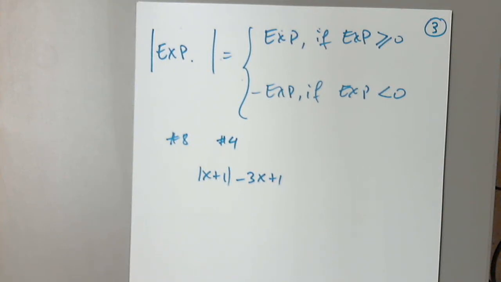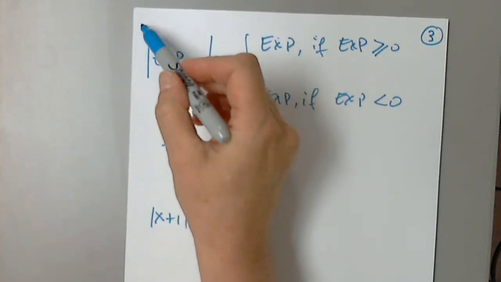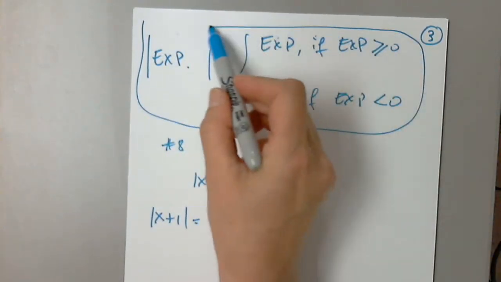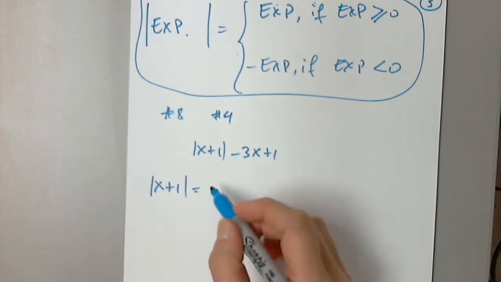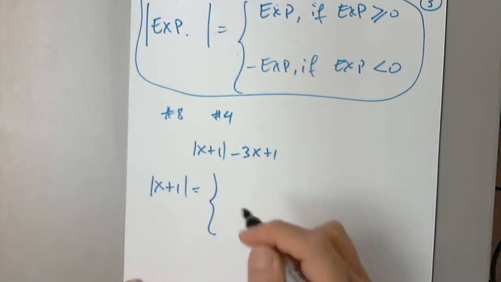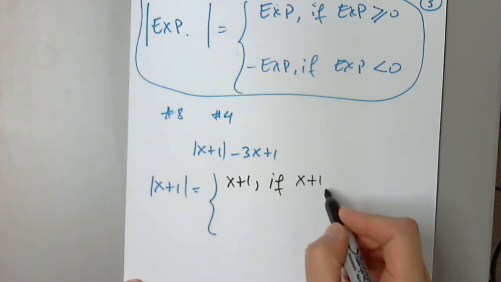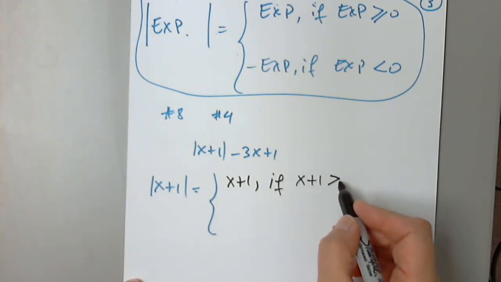Okay, so let's start with the absolute value of x plus 1. Please mimic this. Do not calculate anything and just tell me what to write for everyone to see as the first step. And I'm ready when you are. Very good. If x plus 1 is greater than or equal to 0.